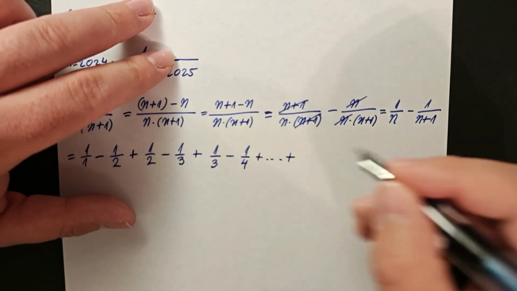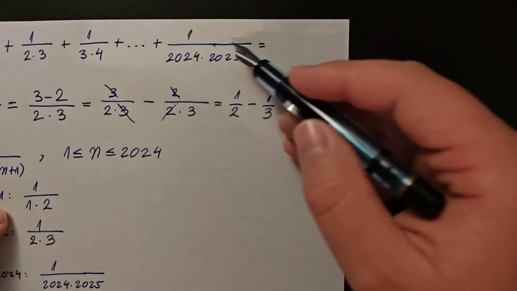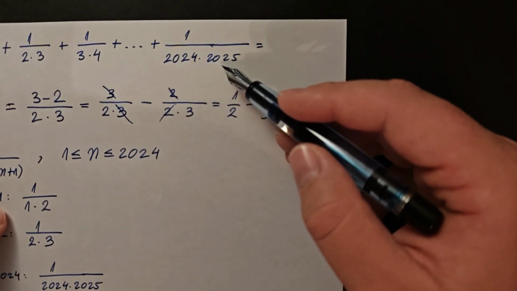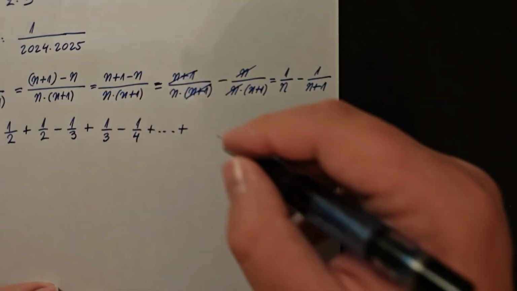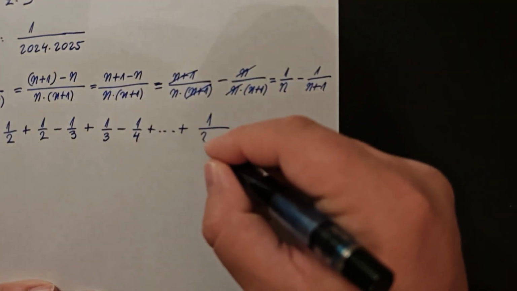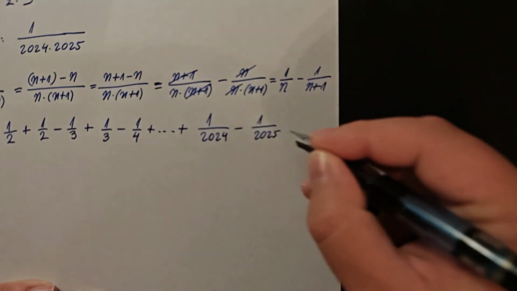And so on. The last term of our sum is the fraction of 1 over 2024 multiplied by 2025. And when we apply this again, we get 1 over 2024 minus 1 over 2025.